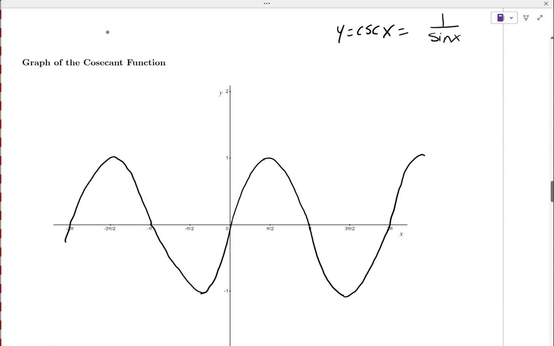There's the sine helper. This is not part of the graph. This is just a helper, right? By the way, asymptotes are also not part of the graph of the function. Asymptotes are just helpers, right? They're just helping you guide where you're drawing the graph. Looking at the graph of the sine, where do you think we're going to have asymptotes?